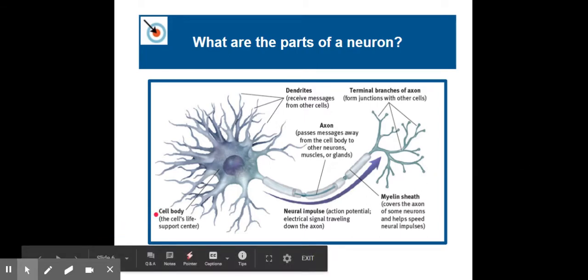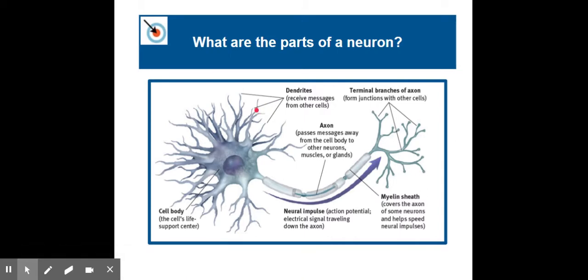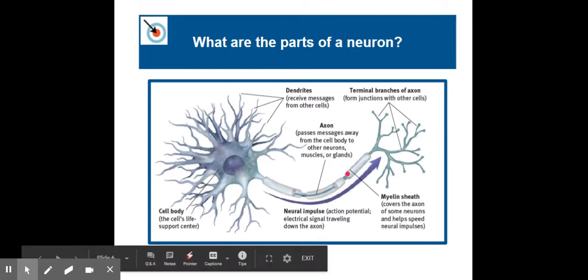This is the cell body, also called the soma, S-O-M-A. The dendrites, these are basically like little fingers that extend out and help support cell bodies to other cell bodies. All right, this is the cell itself right here in the middle. This long, narrow passageway is called the axon.